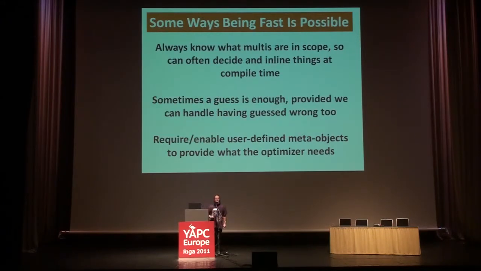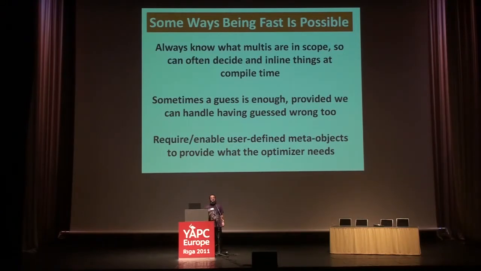At the same time, this isn't a sort of despair thing. You look at it and say, well, actually, there are a lot of silver linings in this as well. We always know in a given scope what the set of operators we have available are. So if we know enough at compile time, then we can make the decision there and then.